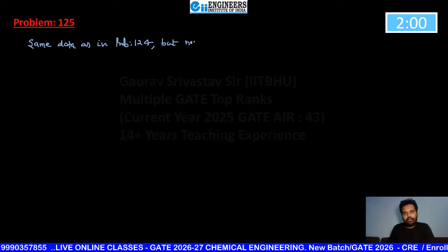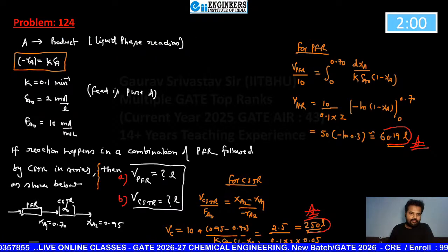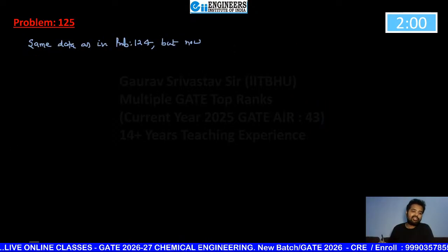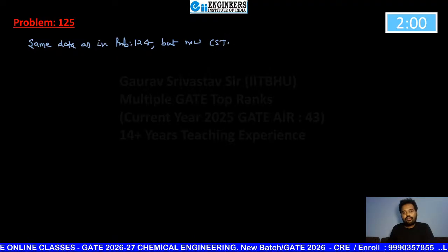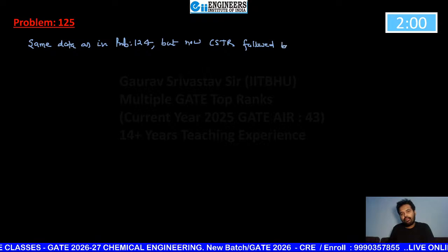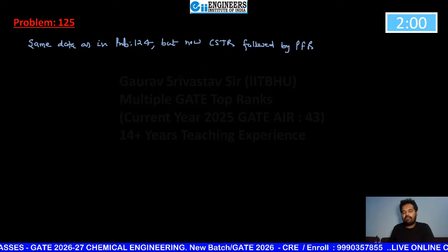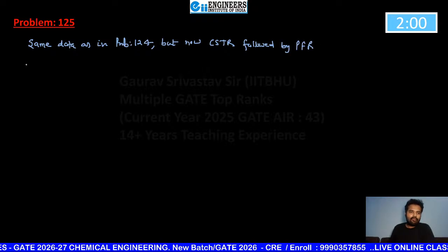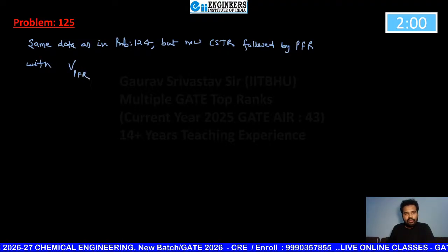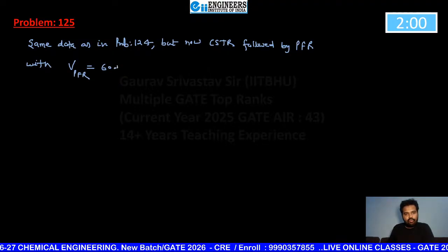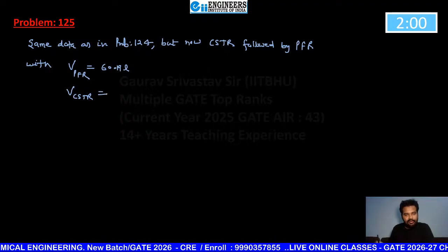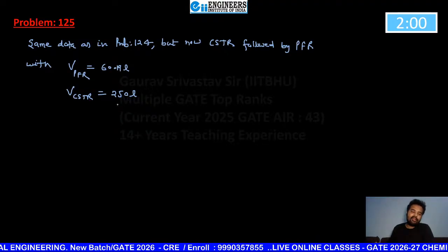but now PFR, CSTR. So CSTR followed by PFR, with V of PFR as 60.19 liter and V of CSTR as 250 liter.